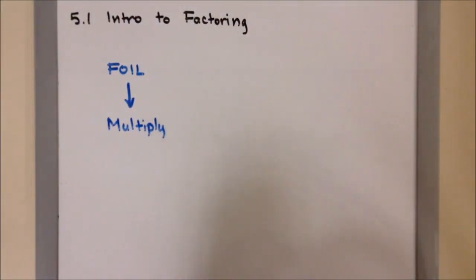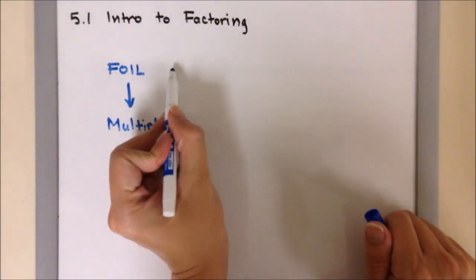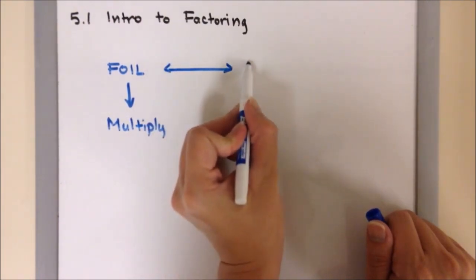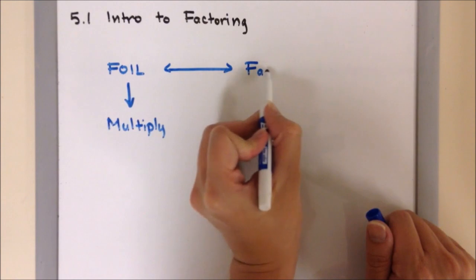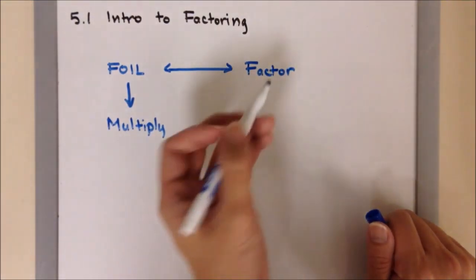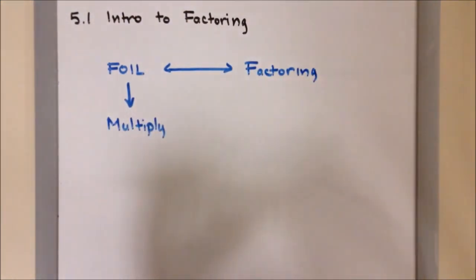Now, what we're going to be doing for factoring will be the opposite of FOIL. So let me write an arrow here. So factoring will be the opposite of foiling.